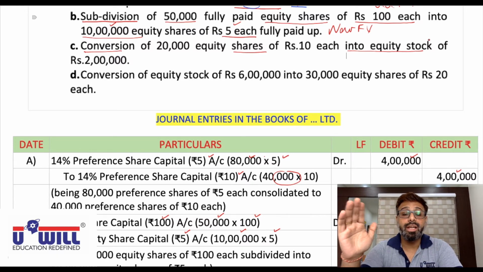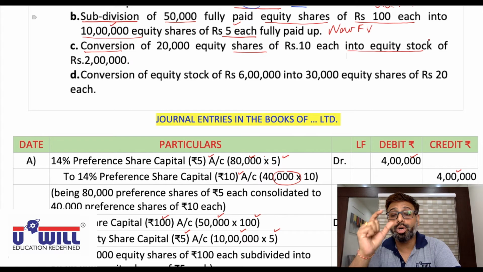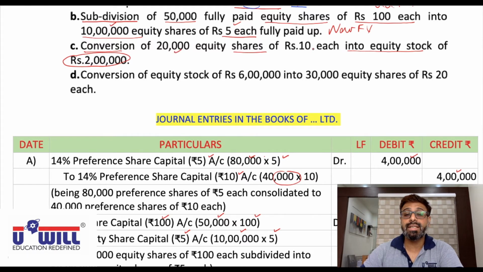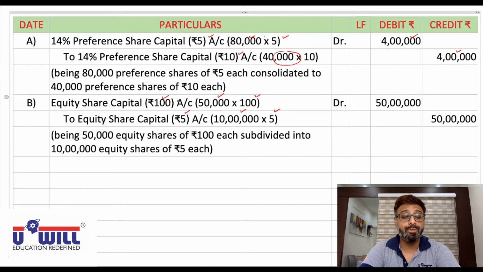No quantity, no face value, only total value. So stock has only total value of 2 lakh. It does not have any quantity or face value, like 20,000 equity shares of rupees 10 each. The entry was simply equity share capital account you will debit to close it, and to equity stock account you will credit to bring it in the books of accounts.